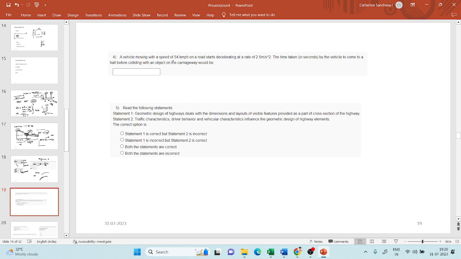A vehicle moving at a speed of 54 km per hour on a road starts decelerating at a rate of 25 meter per second square. The time taken by the vehicle to come to a halt before colliding with an object on the carriageway would be what? So this is also there in assignment 0.